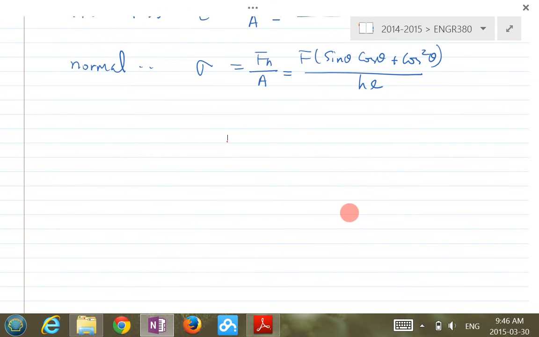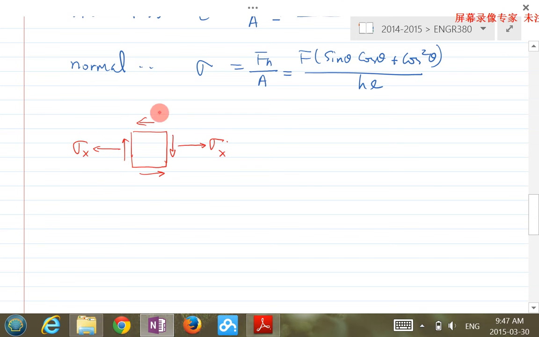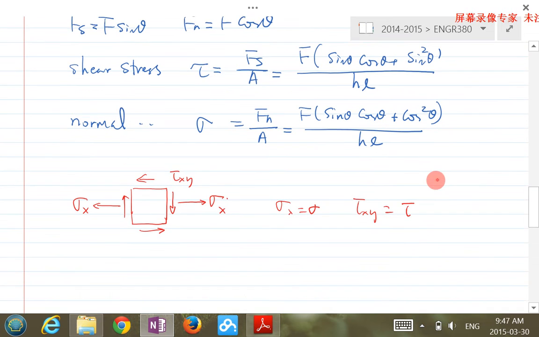Basically you have a sigma x and a tau xy. It's a plane state of stress. The sigma x right here is this sigma, and the tau xy there is the tau we just derived.